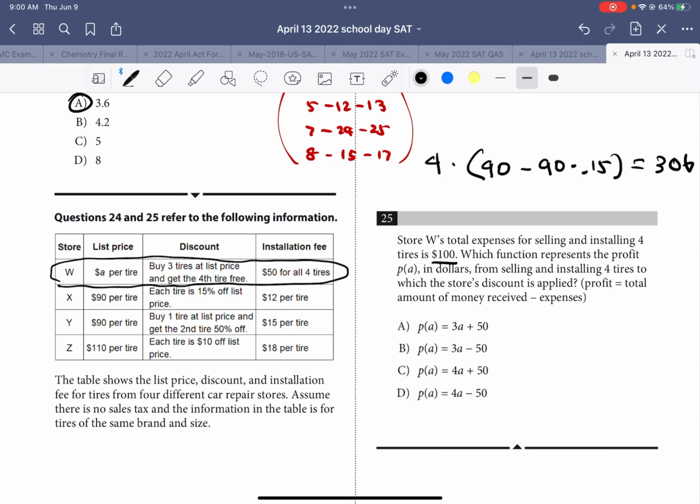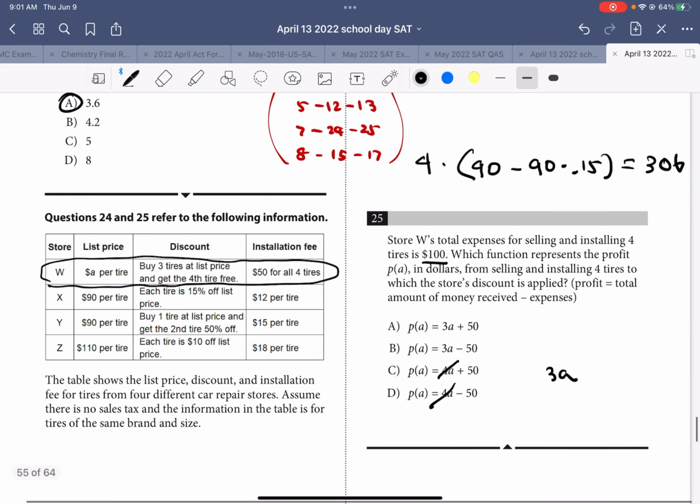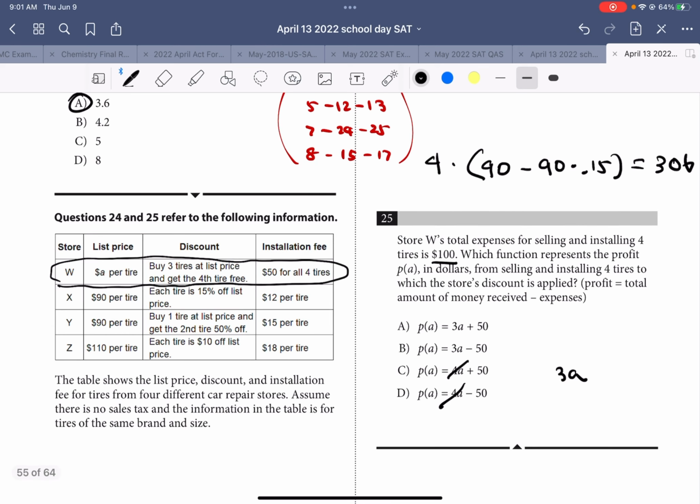If you read the discount here, buy 3 tires and get the fourth one free. So you're going to pay only for 3 tires. So it should be 3 times A, not 4 times A. So C and D are out. And here's what you have to add here. Remember, this one is a cost. And then the installation fee, that's the cost for all 4 tires, $50 only. So for the cost, you're going to add the $50.